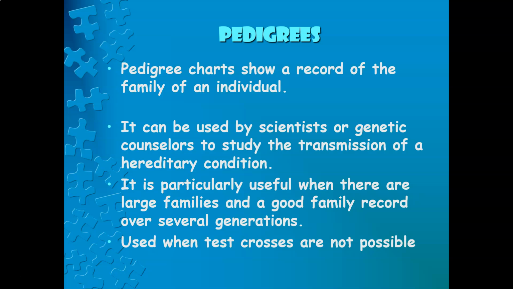And more often than not, that's getting harder and harder to do. So while pedigrees are still an option, with genetic testing and DNA screening getting better, cheaper, and more reliable, these pedigrees are starting to become less of a mainstay tool in human genetics, at least. But they're still there, so let's take a look at them.